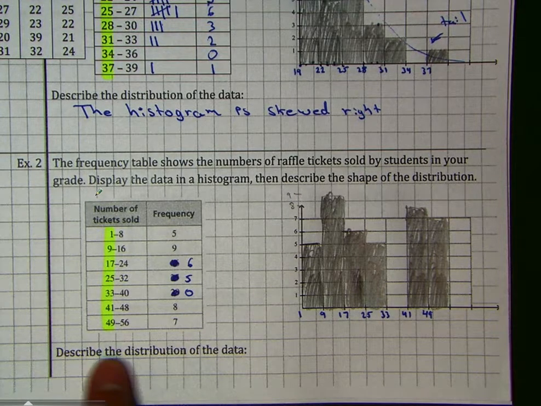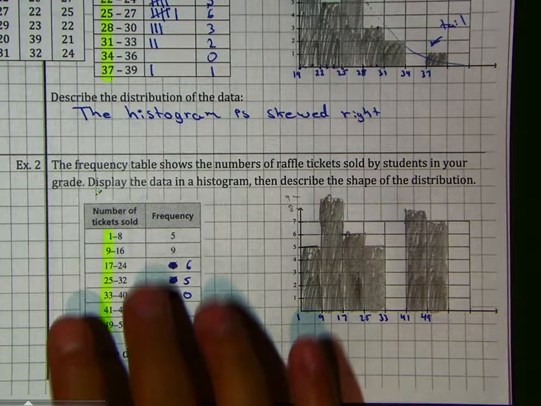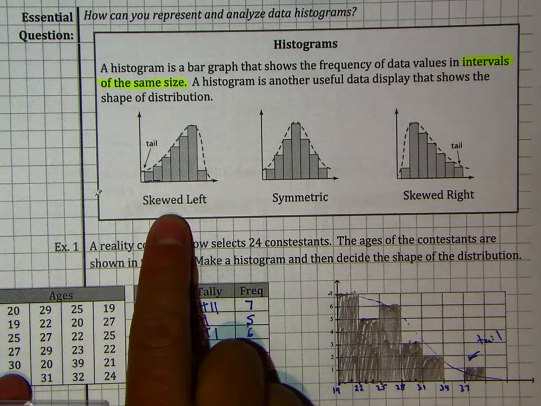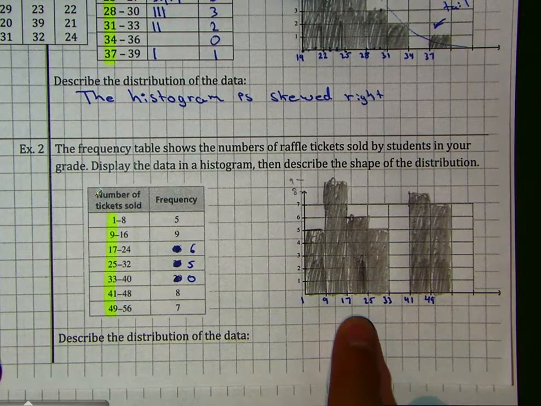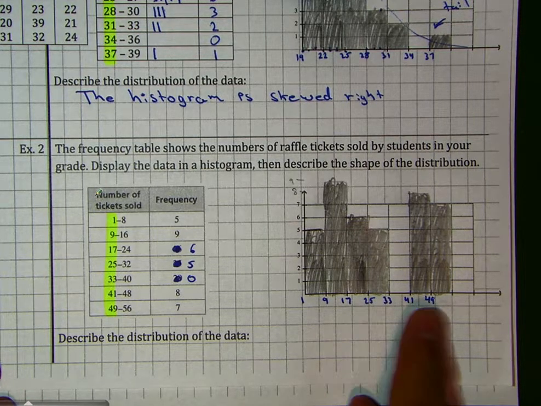Describe the distribution of the data. So we need to be able to decide whether it's skewed to the left, symmetric, or skewed right. So in this case, it's not either one. It's not skewed left, it's not very symmetric, it's not skewed right.